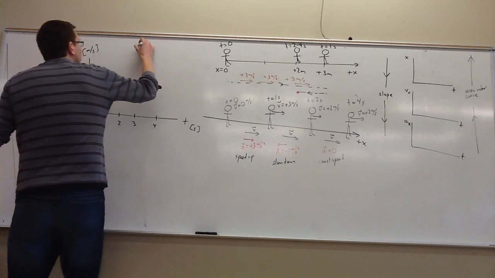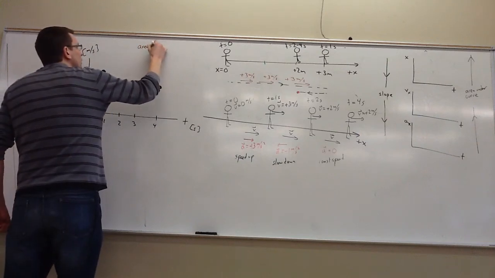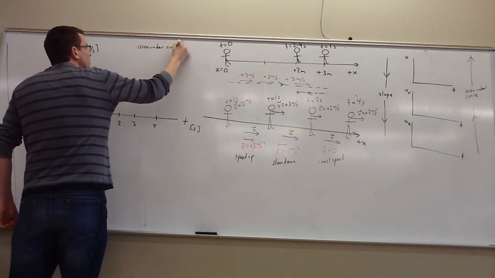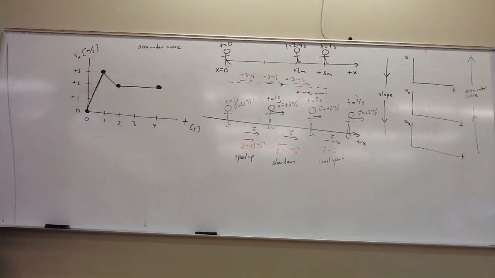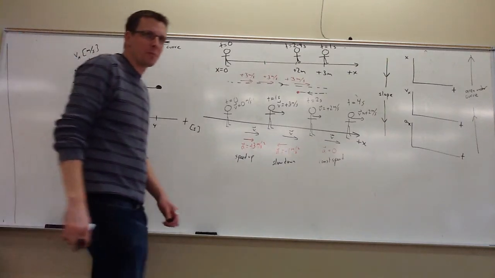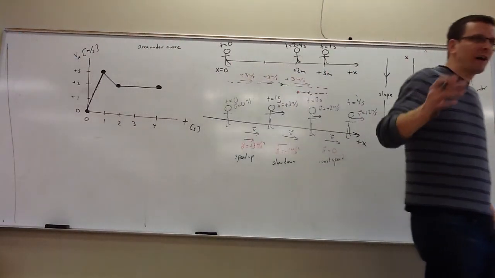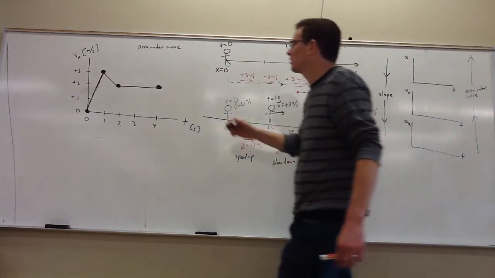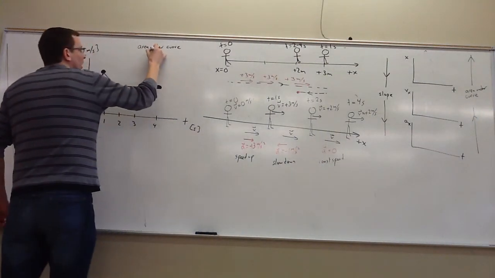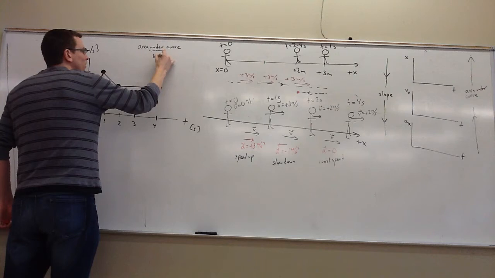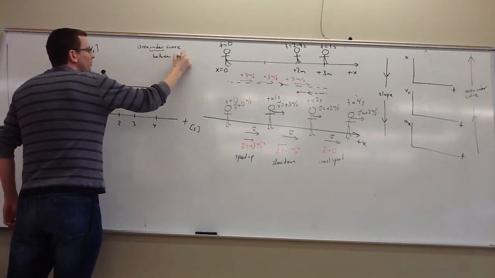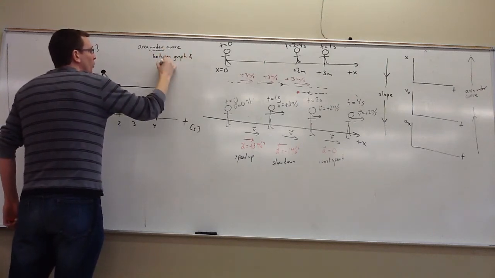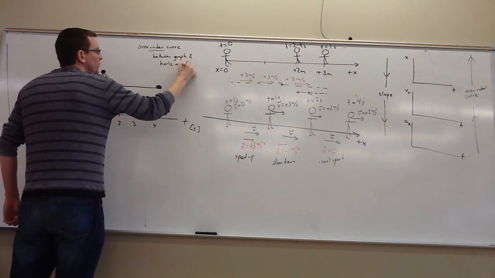Area under the curve, if you haven't seen this in math class, is literally the area that is trapped between your graph and the horizontal axis. So when we say under, what we mean is between the graph and the horizontal axis.